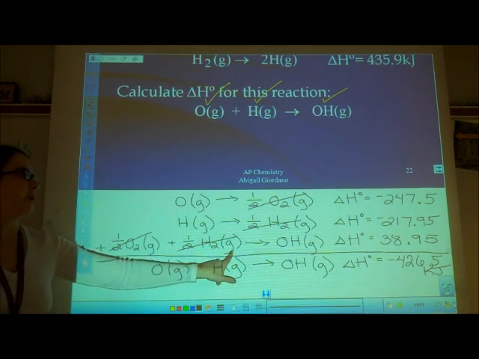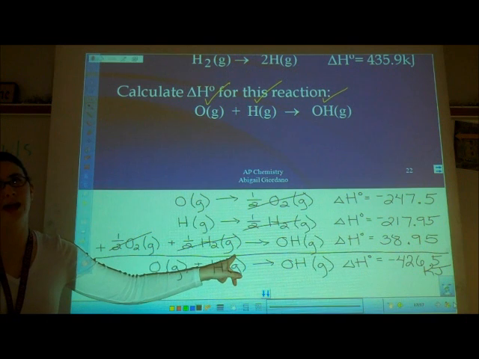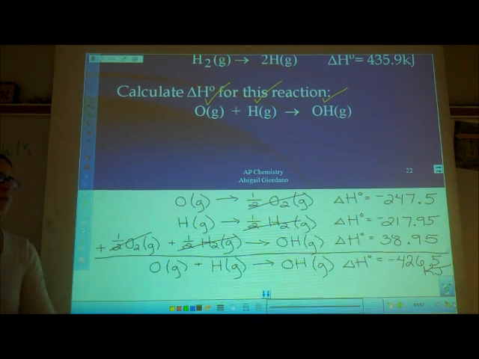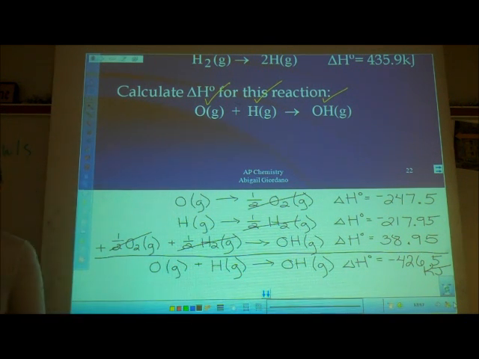Okay? Now there's one other thing I want to say before we go on. Last class somebody asked, does the state of matter matter? Funny, I know. Yes, it does. Now guys, this is not equilibrium. This is not a situation where we're going to eliminate solids and liquids.